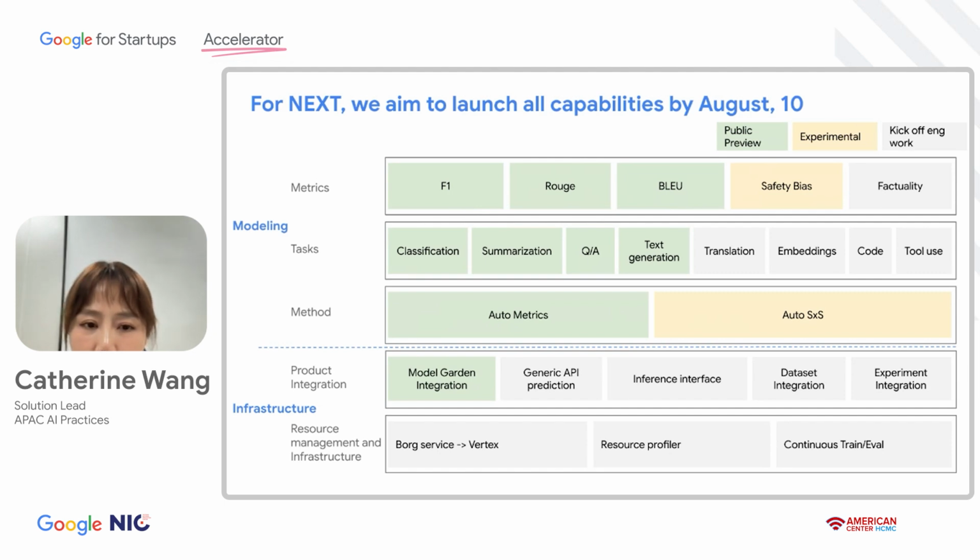And then we are also providing the product integration. If you are using an open source model or proprietary model from Model Garden, you have the API, and we are also providing a generic API if you want to run production evaluation or inference evaluation, or you simply want to run some experiments, right?